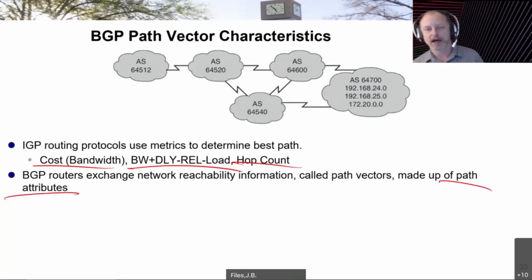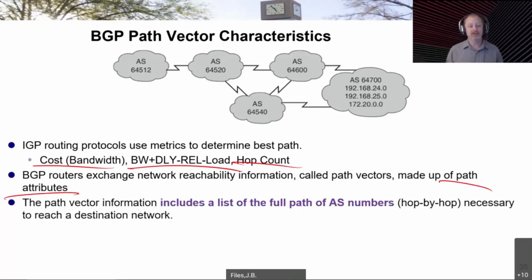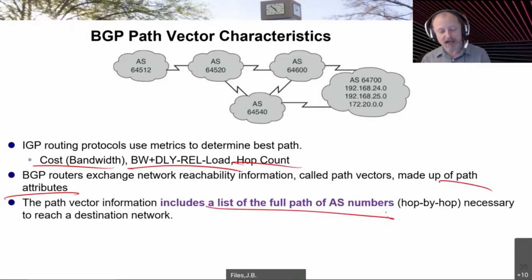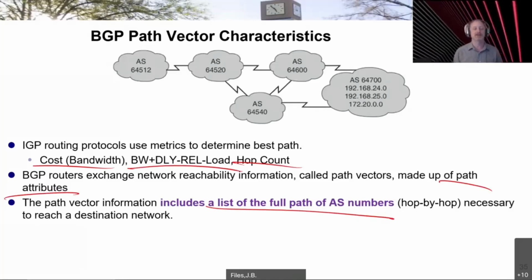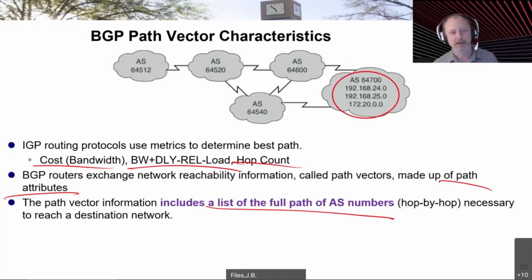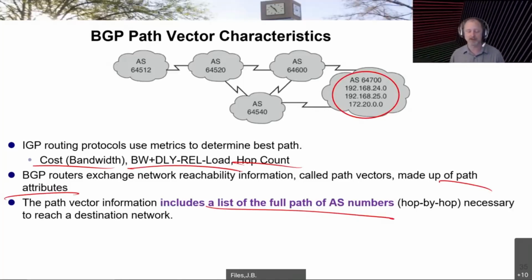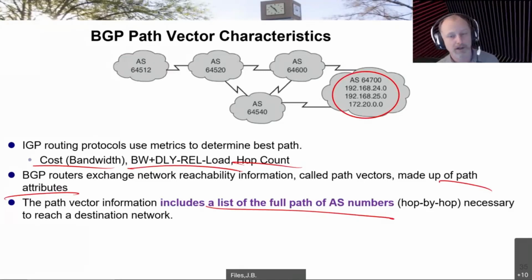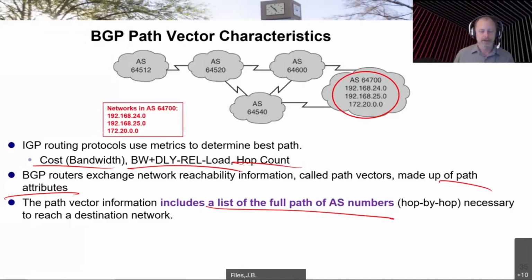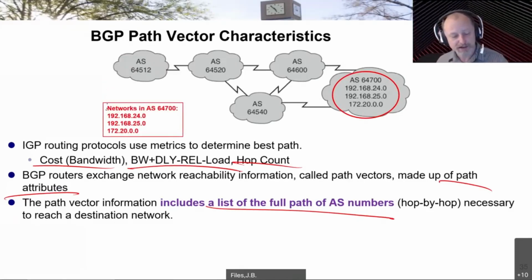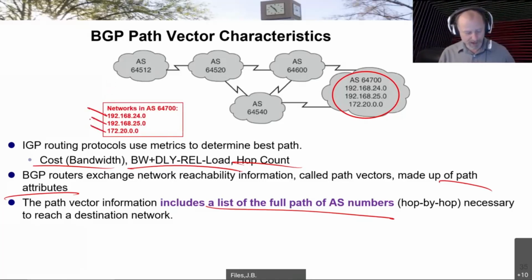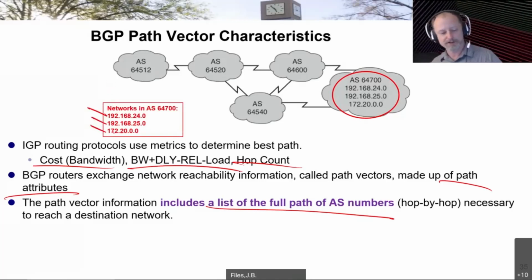Okay, one of those attributes is a list of the hop by hop autonomous system number that path represents. Okay, so for example, AS64700 on the right here. What networks can we reach there? Well, we've got those networks.